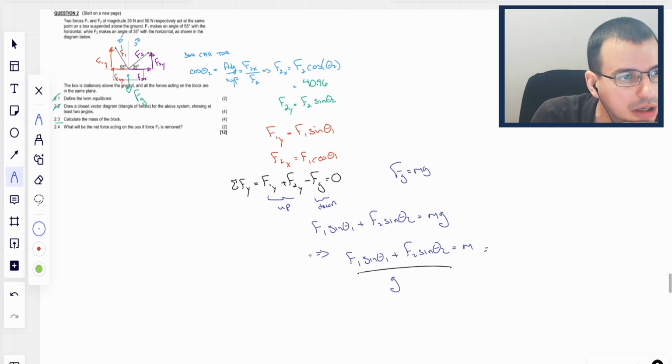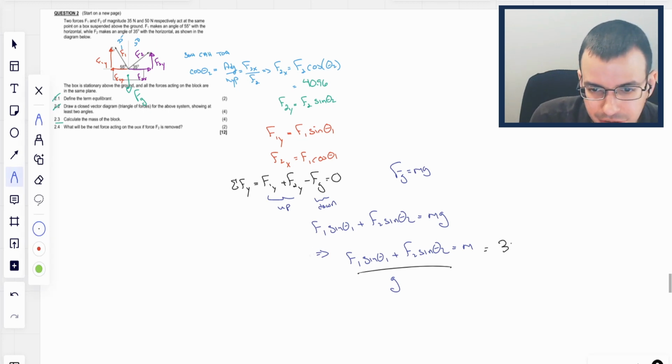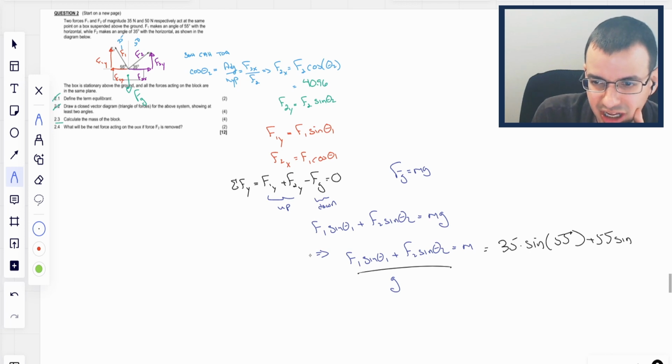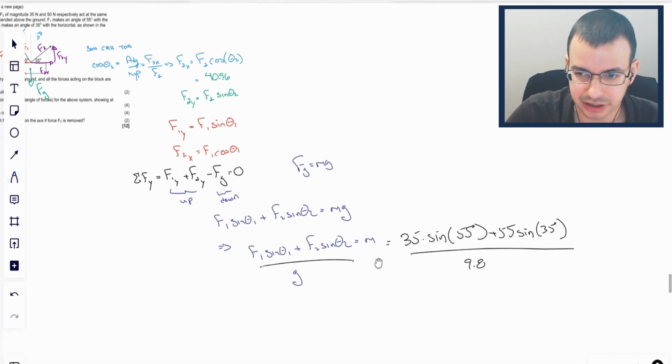All right, so I'm going to put some numbers in this. F1 we know is 35. So 35 times sine of 55 degrees, plus 50 sine of 35 degrees, divided by gravity, which I'm going to say is 9.8.